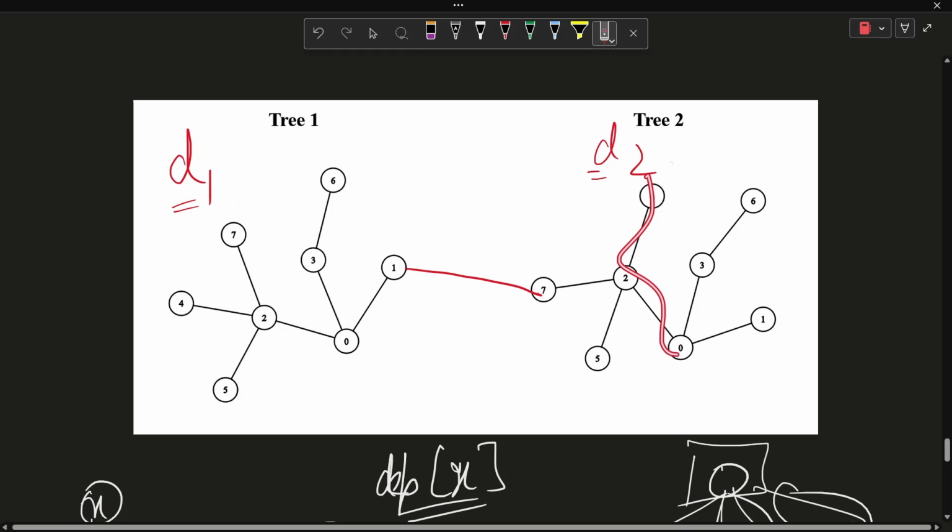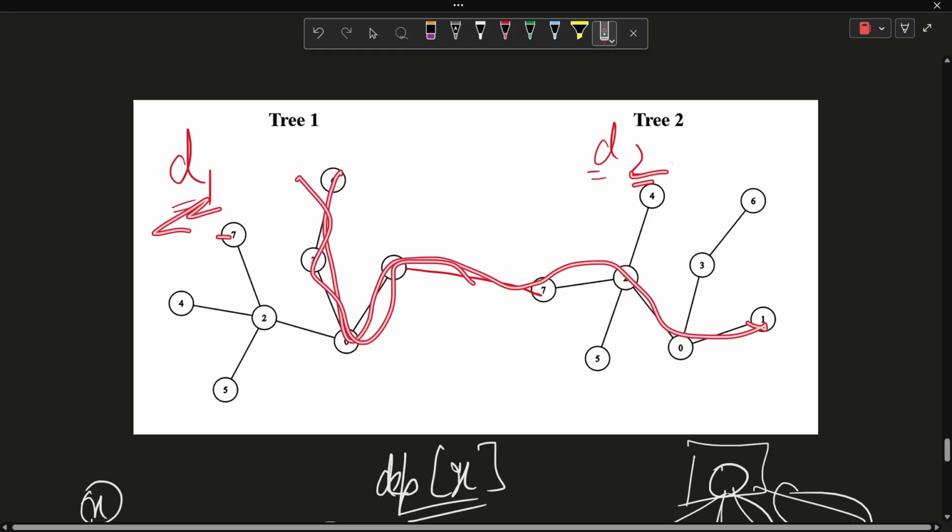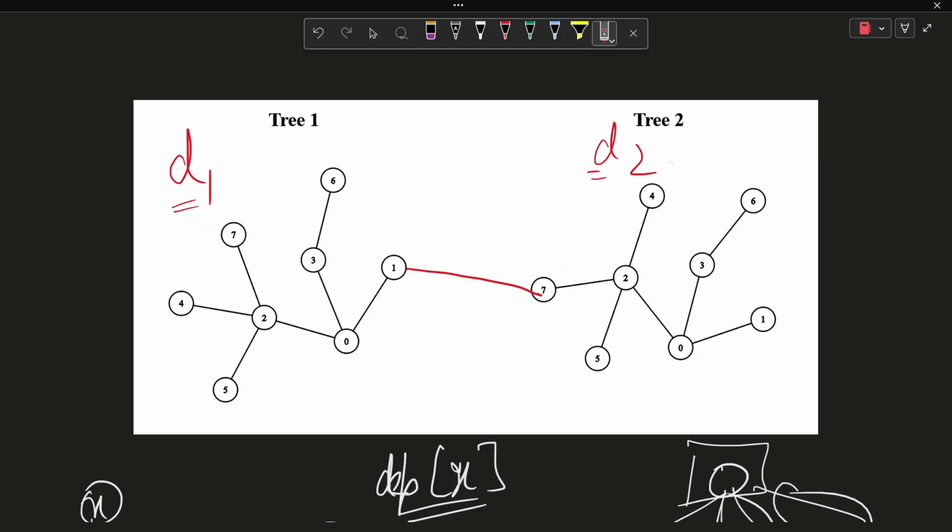If a path passes only through tree 2, that's already considered in D2. So we only need to consider those paths which pass through both the trees, because they are not considered in either D1 or D2. That can increase our answer to something greater than both D1 and D2, making our diameter greater. So we need to minimize that thing.